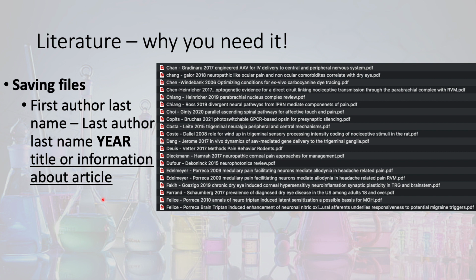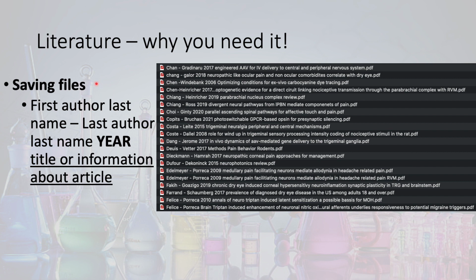Once you start downloading articles and reading them, as I mentioned, you may need 12 or 24 or 36 research articles to cite for your paper this semester. Try and develop a scheme in saving and storing these papers.